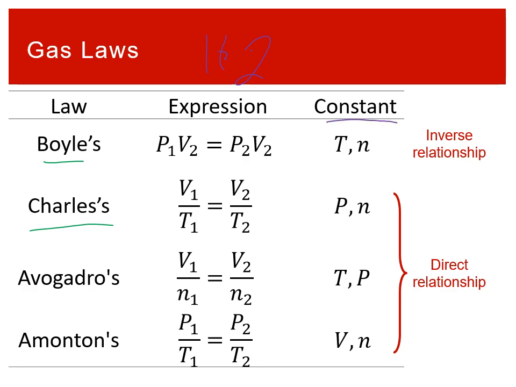There are always two constants. The other two variables are constant. We have 4 physical properties of gases: 2 are constant, 2 change. And then the only question is, is it an inverse relationship, which means they multiply together, or is it a direct relationship, in which case you have the fractions. So we can parse out all of these different relationships between the different physical properties of gases.